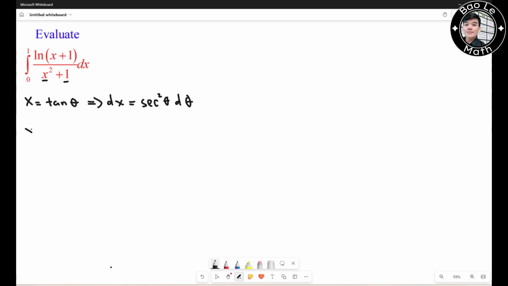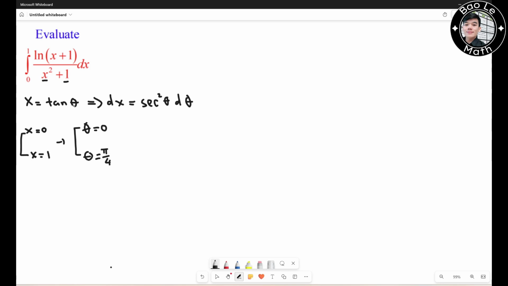So when x equals 0 and 1, theta is going to be 0 and theta is going to be pi over 4.